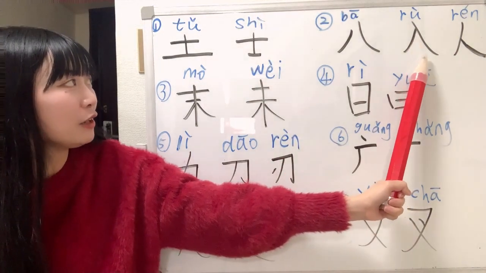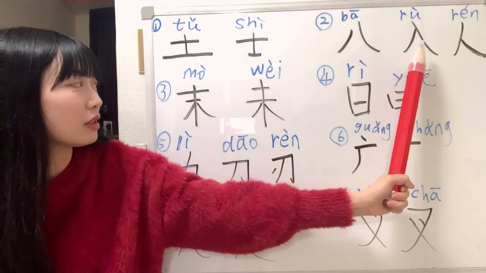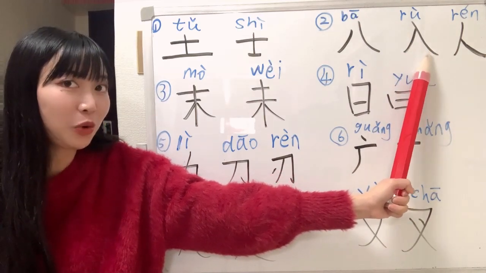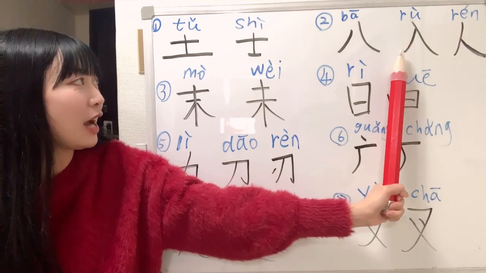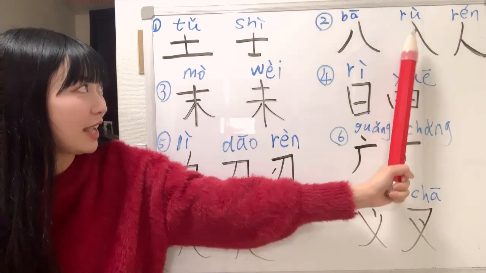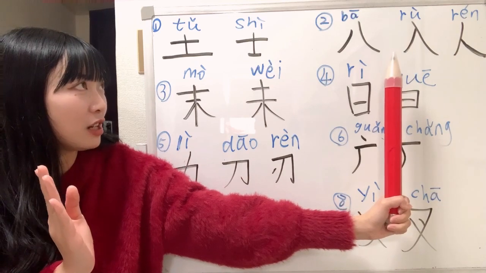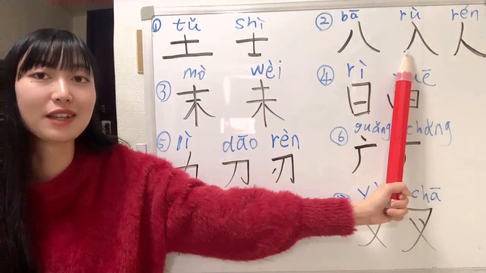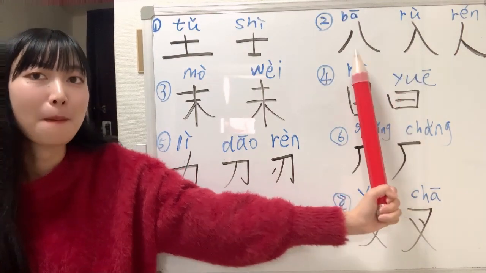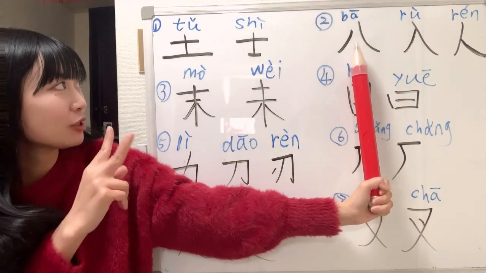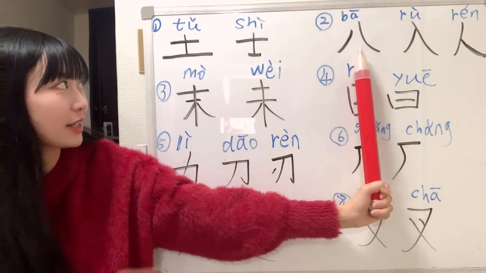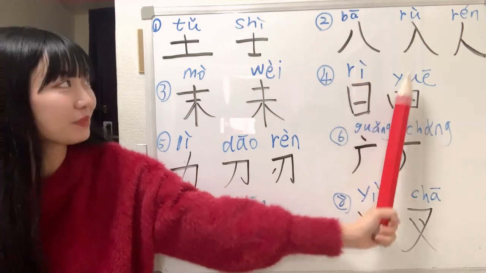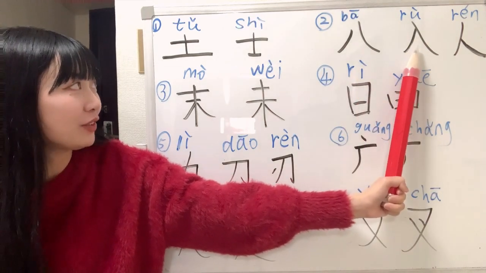And if the right falling stroke is longer than the left falling stroke, and they stick to each other, it's 入. 入 means enter. And if you write these two strokes separately, they are 八. 八 means 8, and 入 means enter.